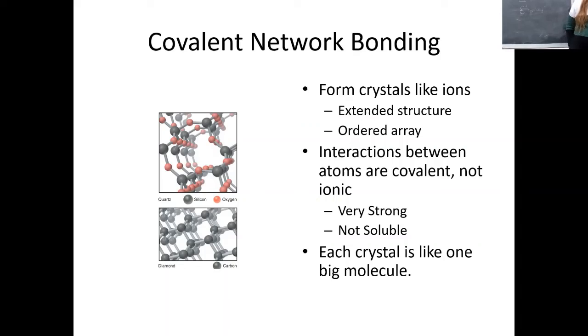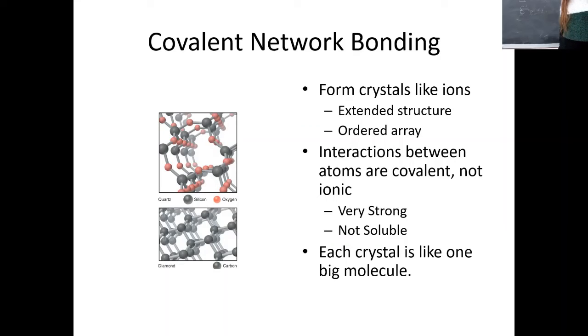So the 2 examples that we see most commonly for this are diamond, which the picture on the bottom shows just one color of atoms. So those are all carbon atoms. The picture on the top has both red and gray. And in that case, the gray is silicon. So that is silicon dioxide.